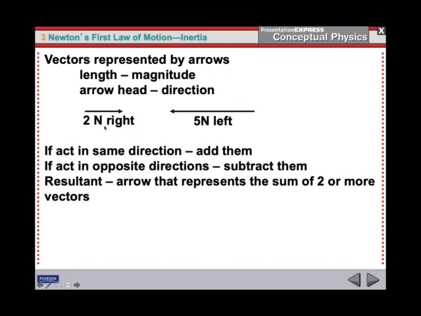So 5 newtons minus 2 newtons is 3 newtons, but it's going to have the direction of left because that's the bigger of the 2 forces. The resultant is an arrow that represents a sum of 2 or more vectors, and sometimes if you're looking at physics problems, they'll ask you for a resultant. It's just the arrow that is the sum of 2 or more of these vectors.